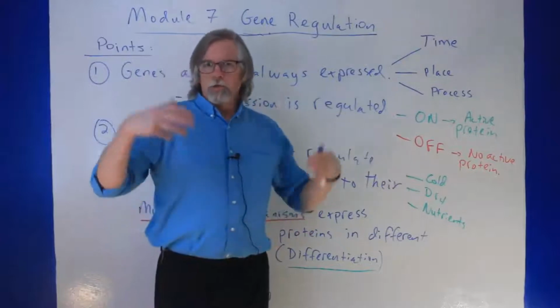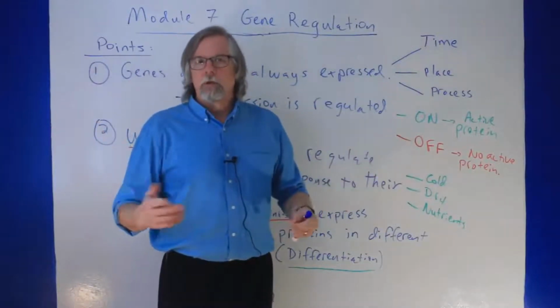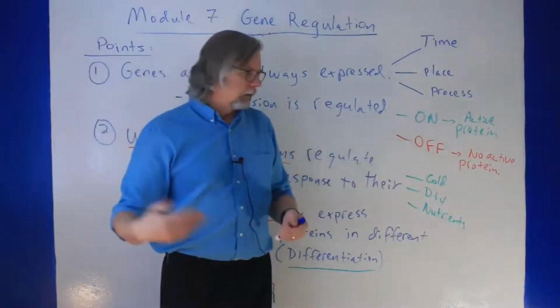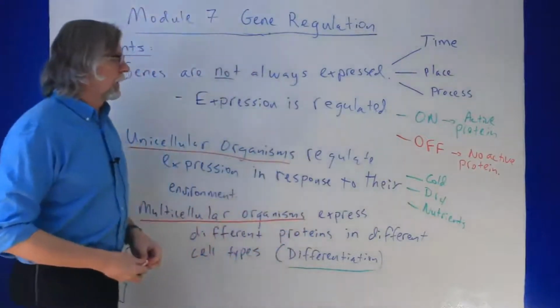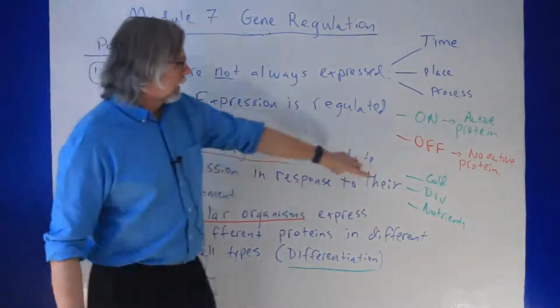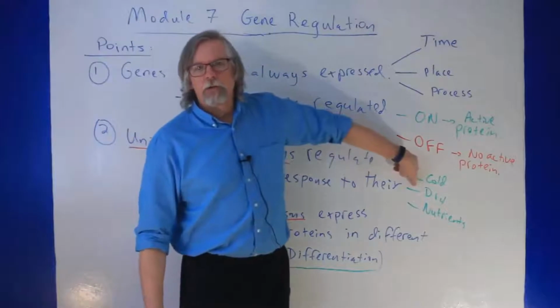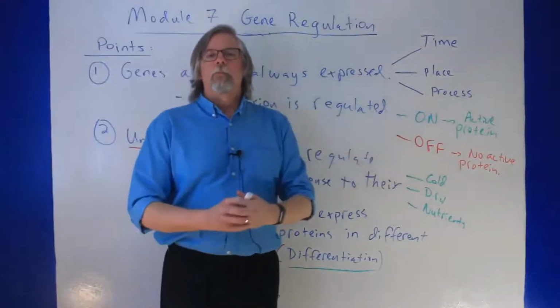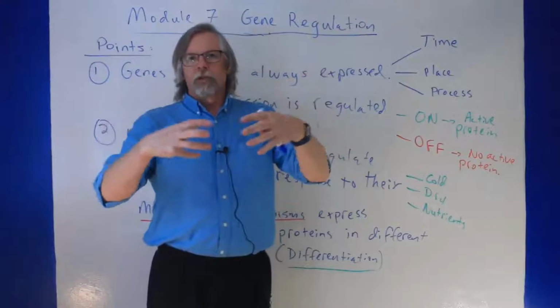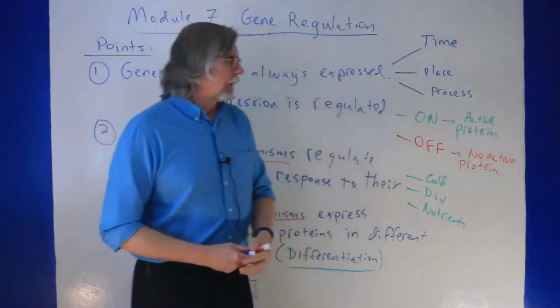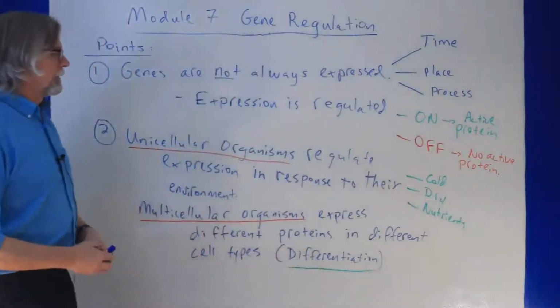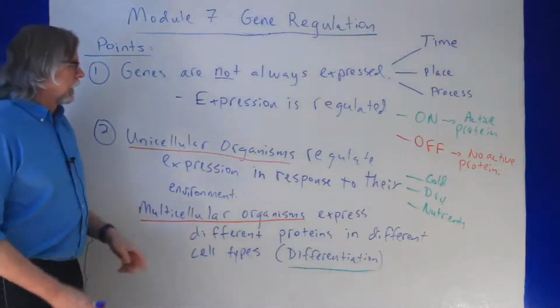When the environment warms up, there's no longer the need for that. That's an example of a gene that's regulated in response to a changing environmental condition. Also, in dry environments, they can undergo what's called sporulation, formation of a tough coat that allows them to survive the desiccating, or dry, environment.